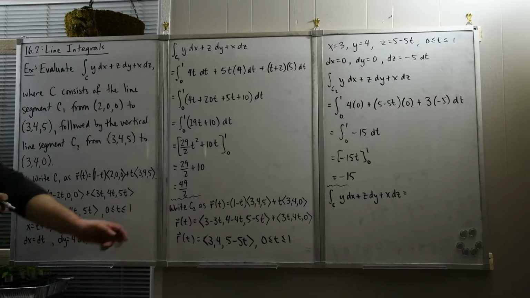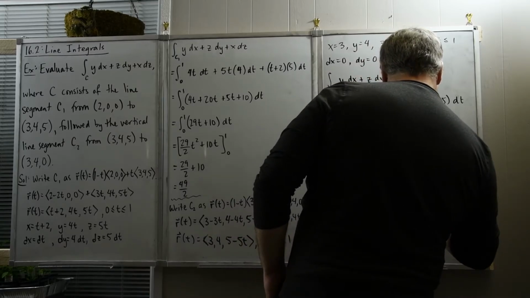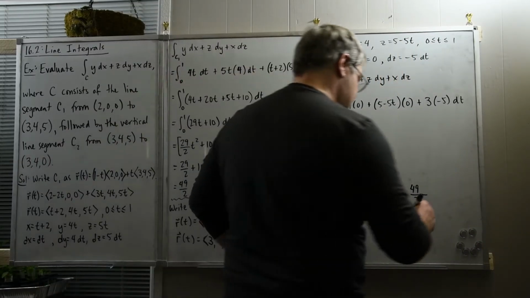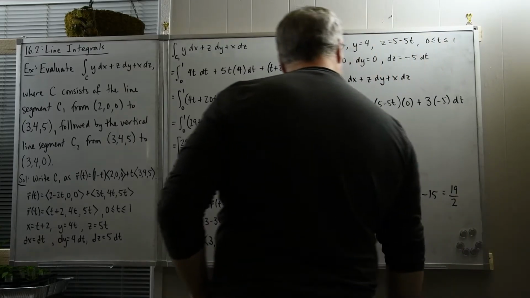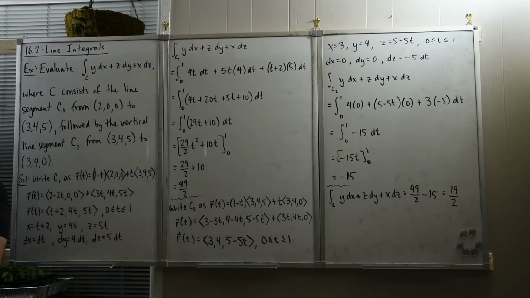Well, the line integral along C1 was 49/2. And the line integral along C2 is a -15. Take the 49/2 minus 15, that's 49/2 minus 30/2, which gives you 19/2 as your final answer.